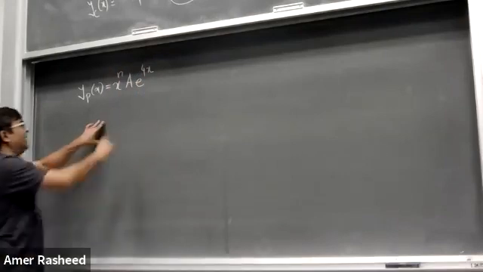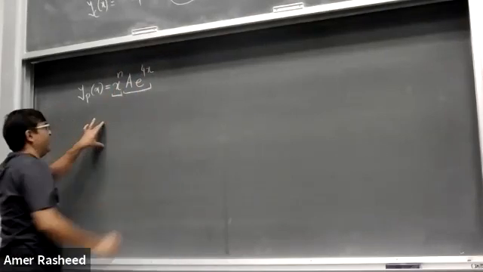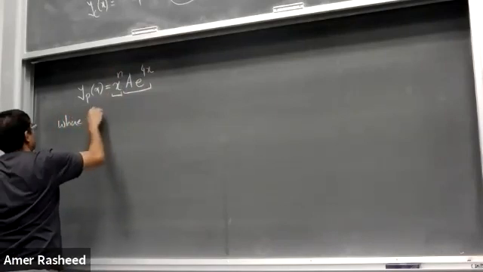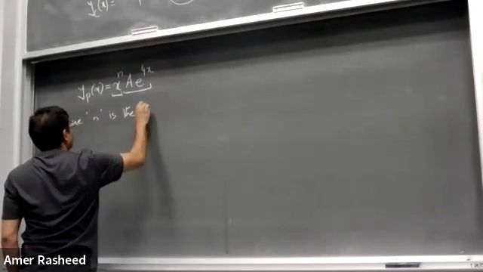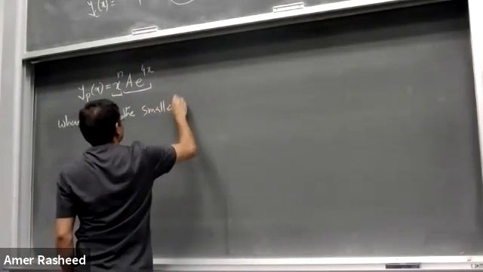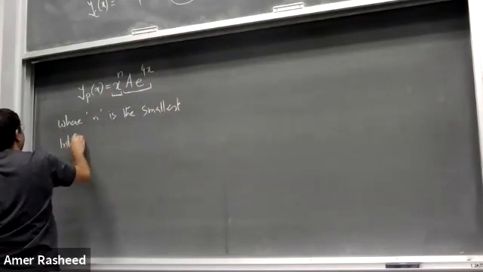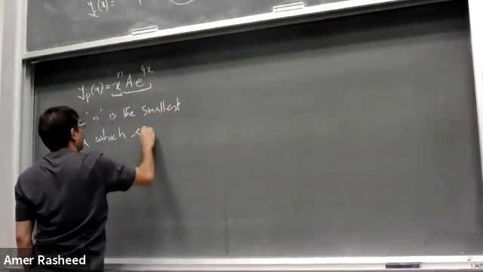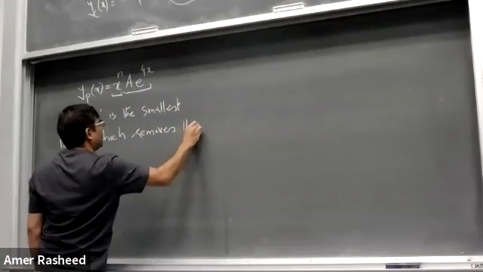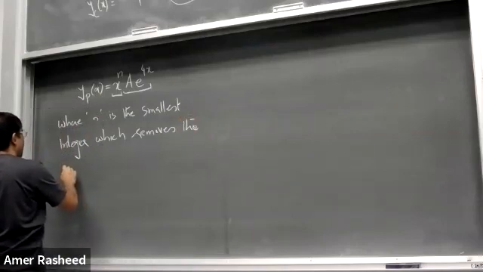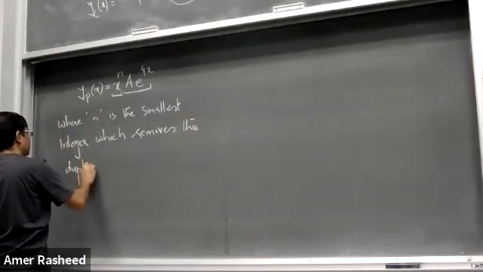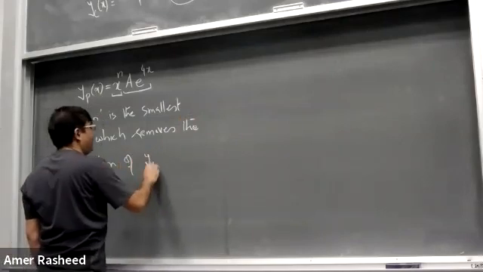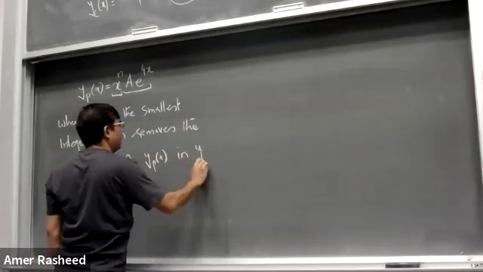We multiply the particular solution by x to the power n, where n is the smallest integer which removes the duplication of yp in yc.